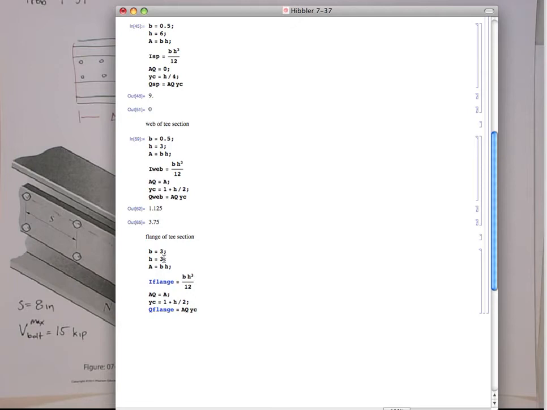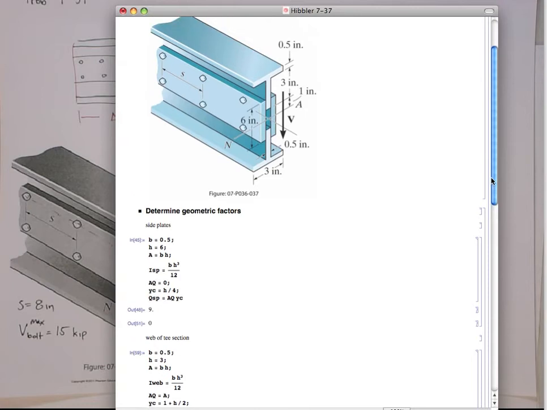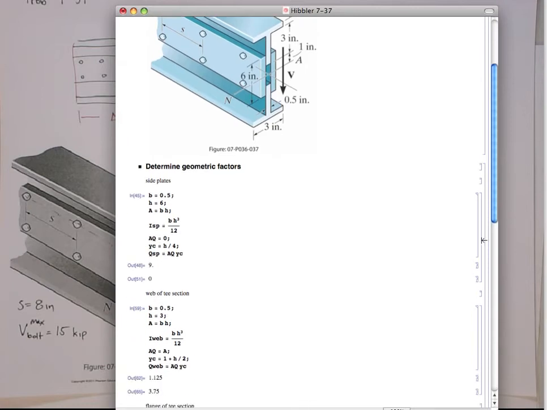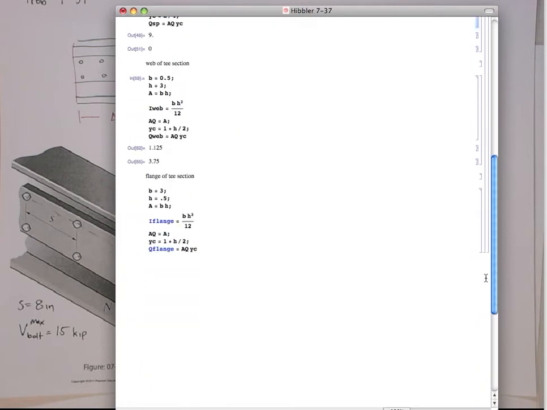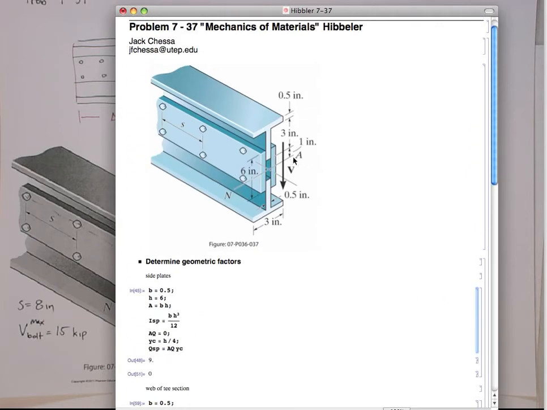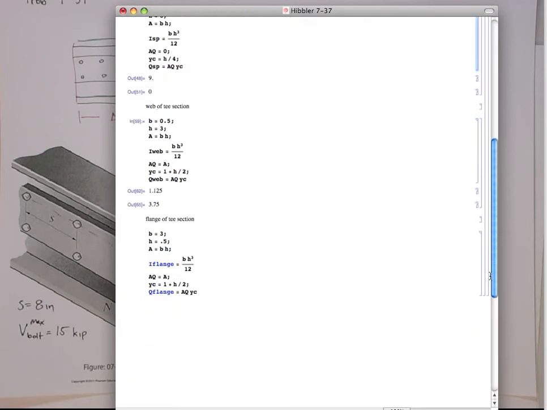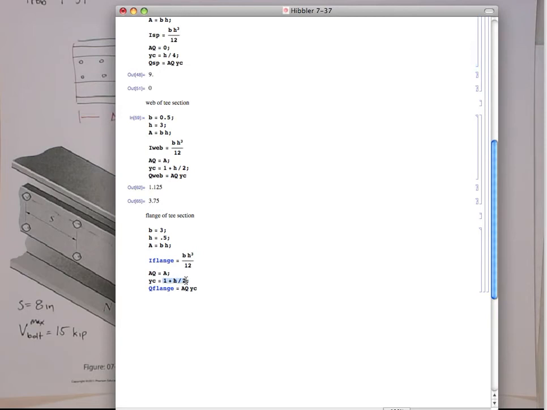The height is a half of an inch. So that's the base and the height. The area is still the same. This is the I of the flange. That's correct. The area we're going to use for Q is the total area. Now the distance to the centroid is going to be 4 inches plus a quarter, so it's 4.25. All right, and these are the values.